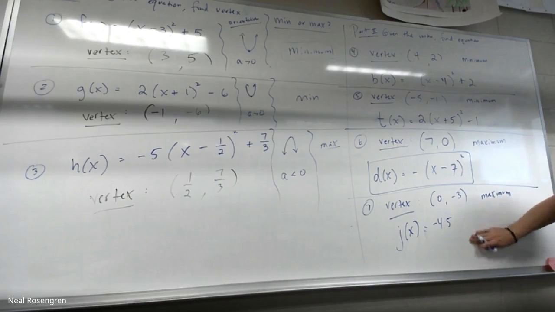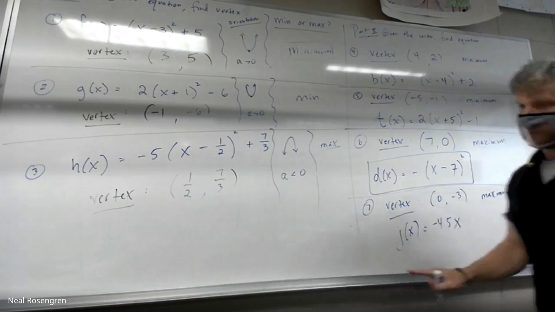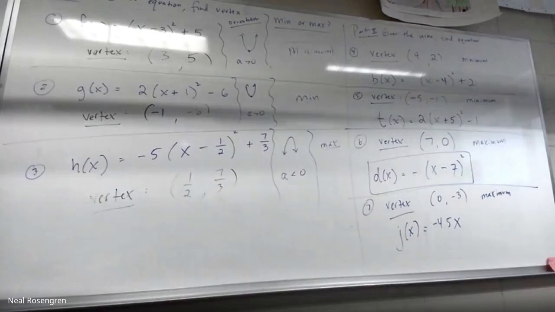Lose them. I did that on purpose. I apologize for making you erase that, but I wanted to really drive home that if you don't have a horizontal shift, you don't need parentheses, because the number outside, A, whatever it is, is connected by multiplication. And right, so X minus 0, don't need it. Okay, close parentheses, don't need them.